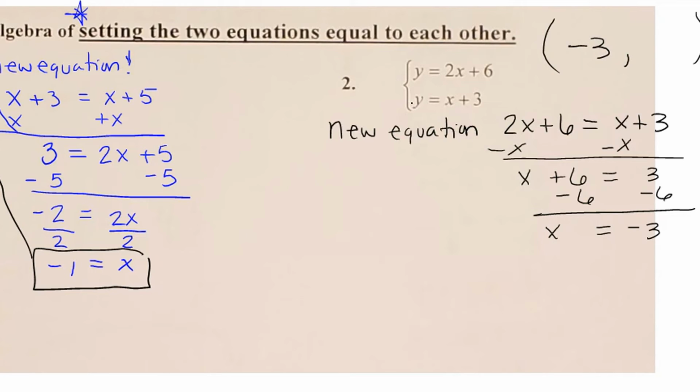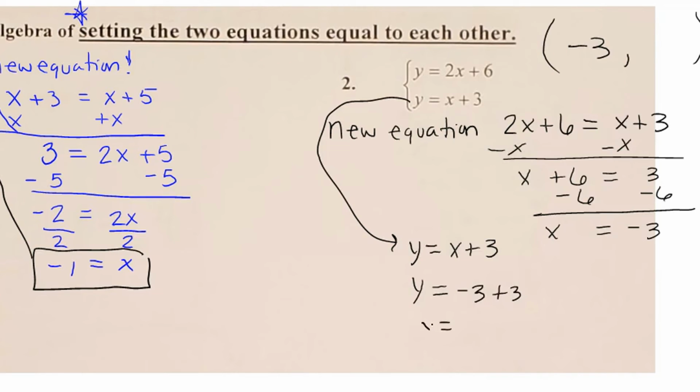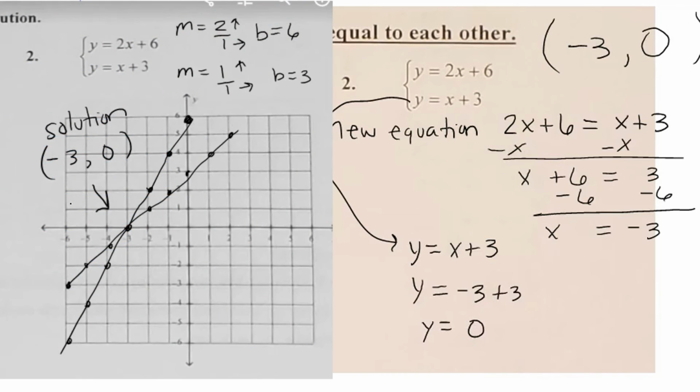So using the easiest equation that I see up here, if y is equal to x plus 3, and I want to take my answer and plug it in, I get y is equal to negative 3 plus 3. I get that y is actually equal to 0. And that is consistent with what we saw from the graph.